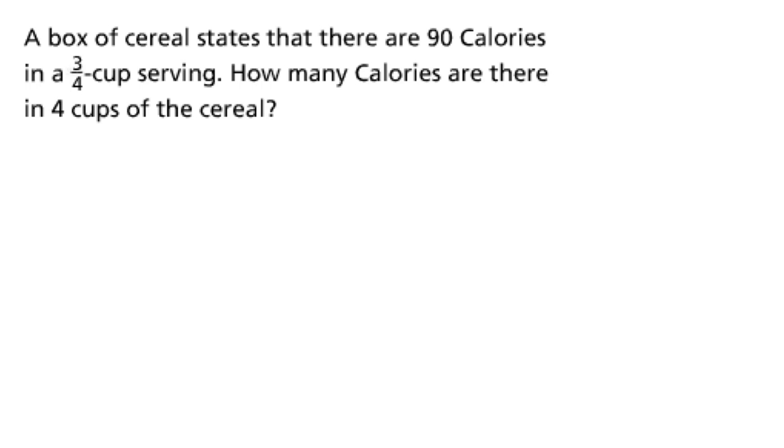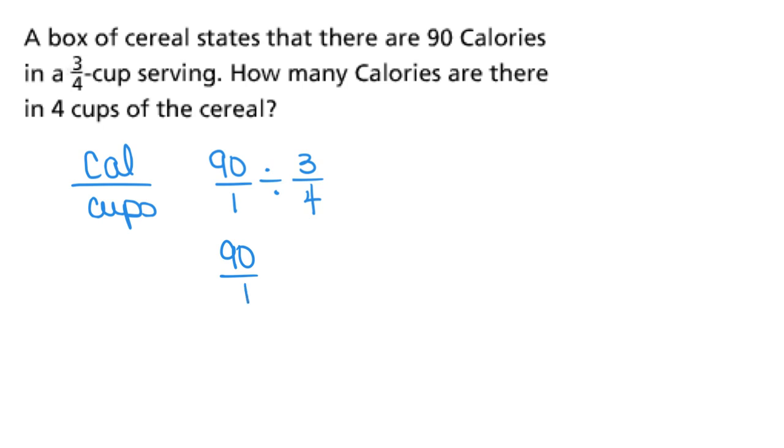Michaela, start us out on this. I put 90 over 1. Okay, so you're doing calories divided by cups, since you're looking for 1 cup. So you have 90 over 1, okay? And I put 4 over 3, and I'm multiplying. All right, hold up a second. I'm going to start the division problem first, since you have calories divided by cups. And you said you had 90 over 1 times 4 over 3.